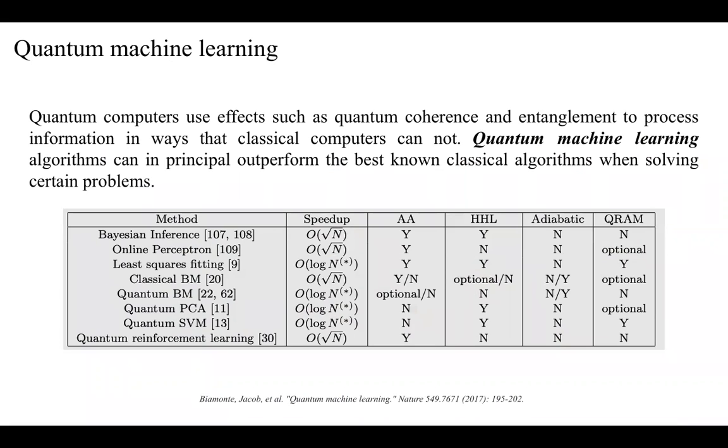For example, it has been proved that quantum Boltzmann machine, quantum principal component analysis, quantum support vector machine, and quantum reinforcement learning outperform their classical counterparts, achieving quadratic or exponential speed-ups.